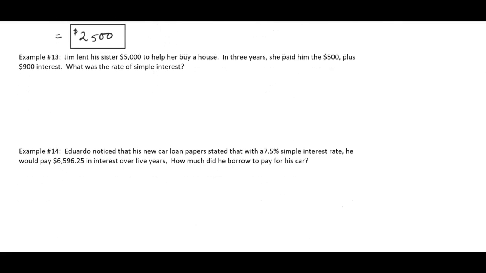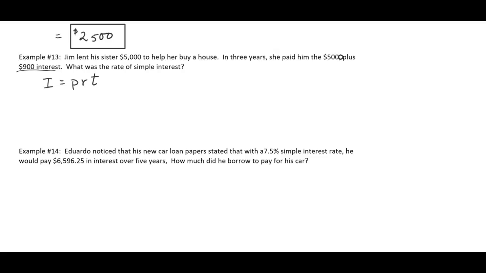Jim lent his sister $5,000 to help her buy a house. In 3 years, she paid him the 5,000 plus $900 in interest, which I can't believe her brother charged her interest. What was the rate of simple interest? Here we're going to use our formula, interest equals principal times rate times time.